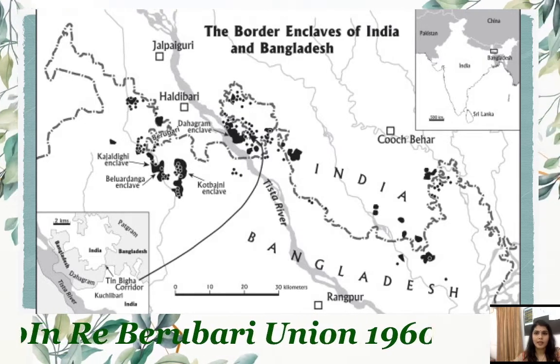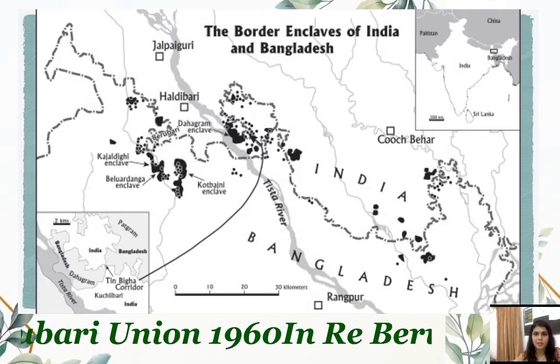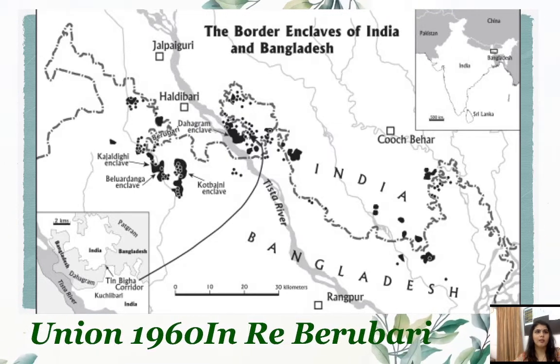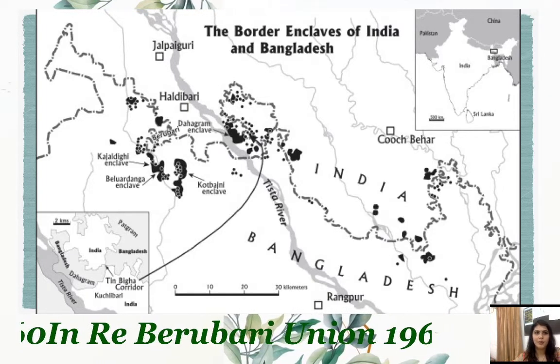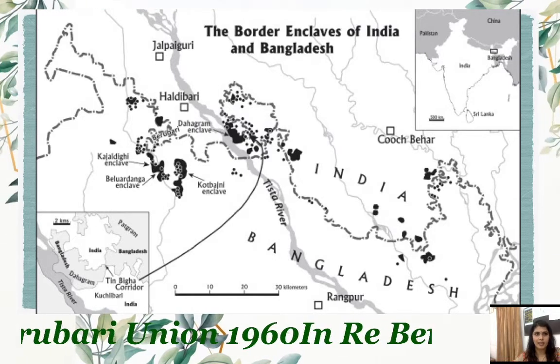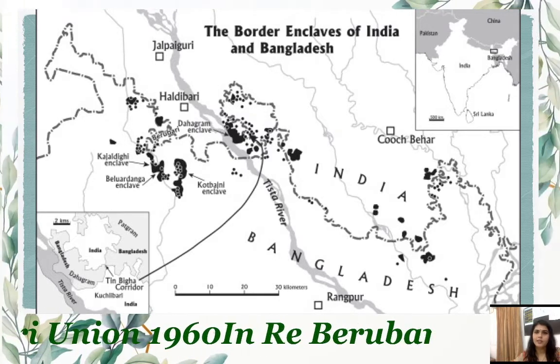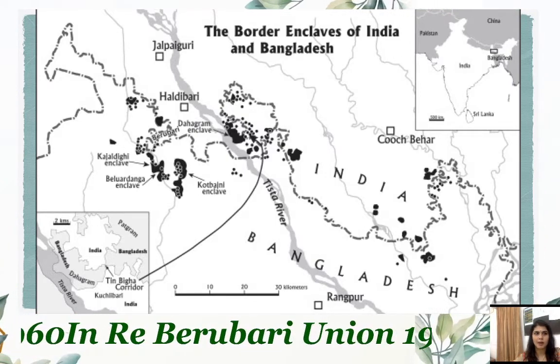Thus, India governed Berubari Union, considering it to be its legitimate territory. Despite this, the dispute continued till the Nehru-Noon Agreement was signed between India and Pakistan in 1958. In the agreement, the territory of Berubari Union was divided and distributed equally between India and Pakistan.